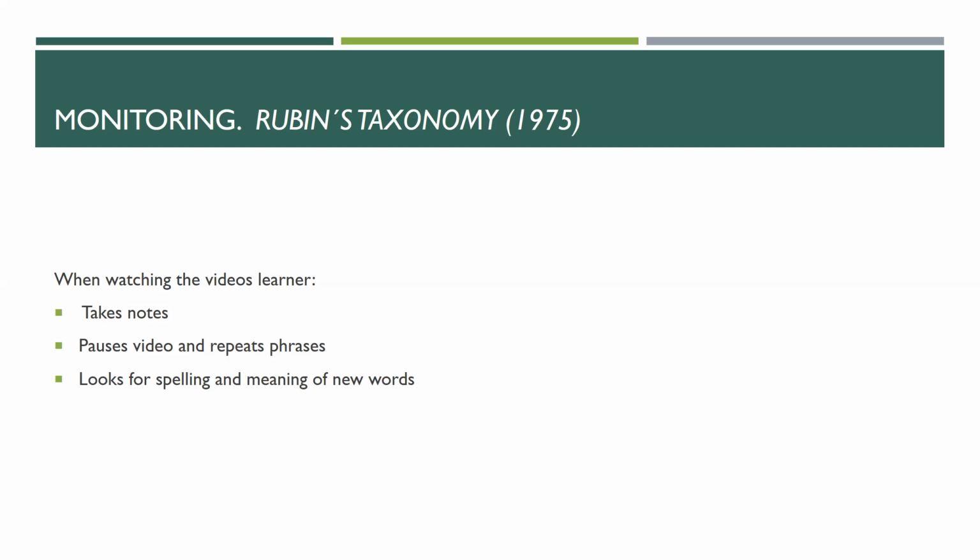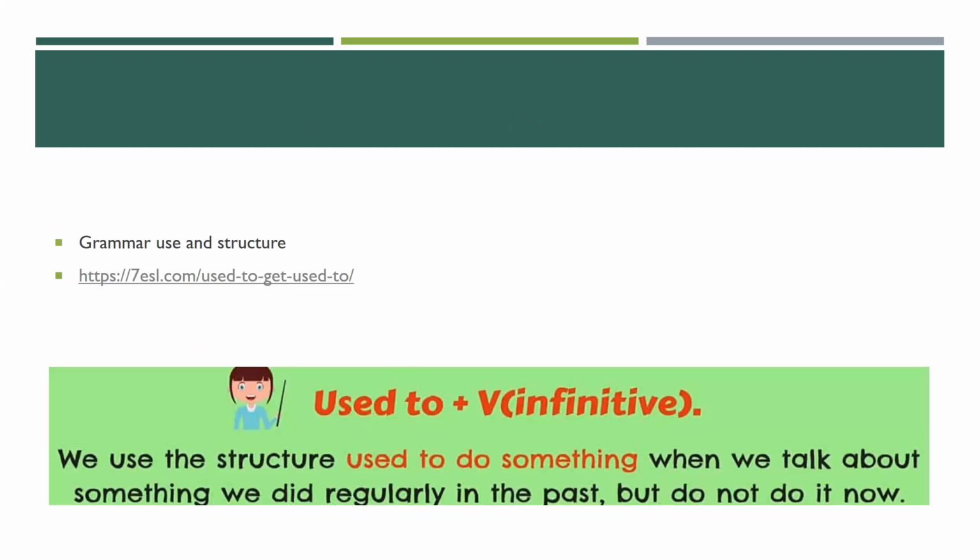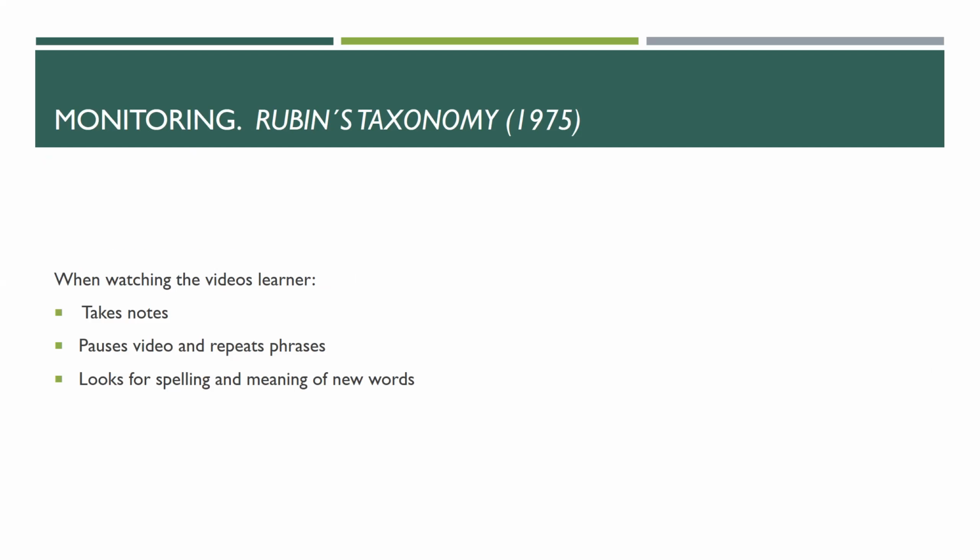She takes notes about maybe new words, she takes notes about maybe the other structures that weren't presented in the image, right? For example, the negative or the question form. So she can take notes about that and any other thing that she finds interesting.